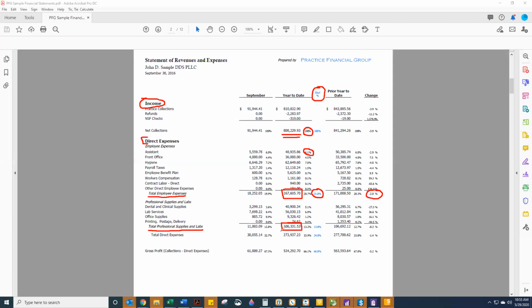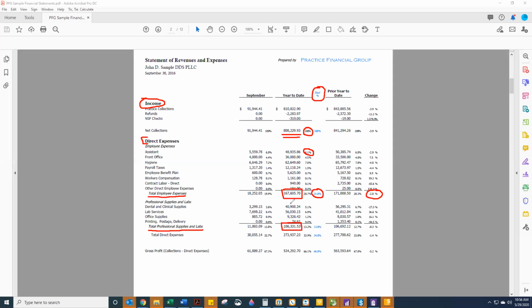The second bucket here is the supplies and labs. It is very important to understand that these costs are your one true variable costs in your practice. What do I mean by variable? The word variable in your office refers to costs that vary depending on how many patients you see. Think about it.